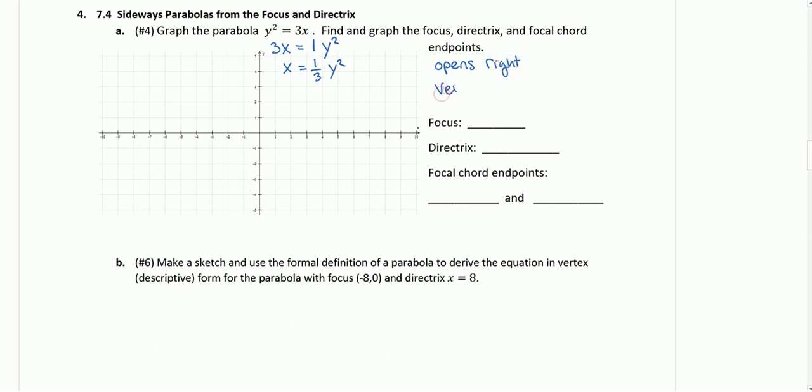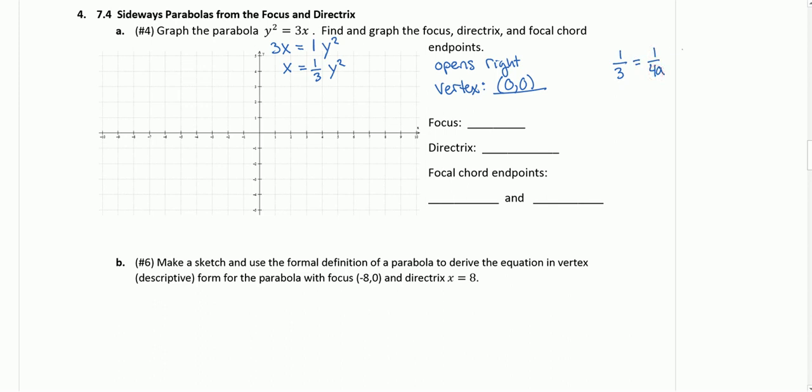Also, we can get the vertex pretty easily here. The y is not in parentheses with a number. Also, there's no number added or subtracted after the y squared, so this has a vertex at (0, 0). And then the number in front of y squared, the 1/3, is equal to 1 over 4a.